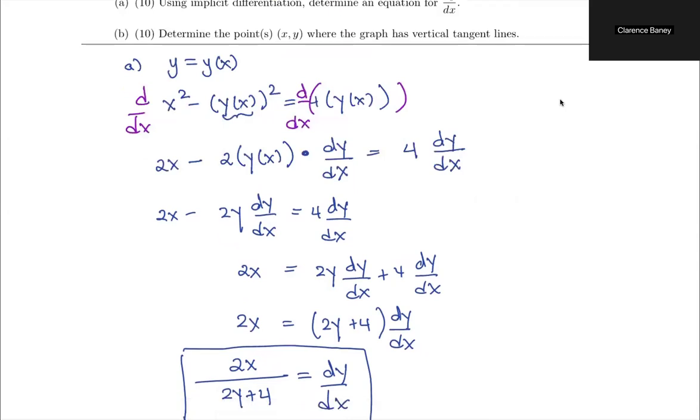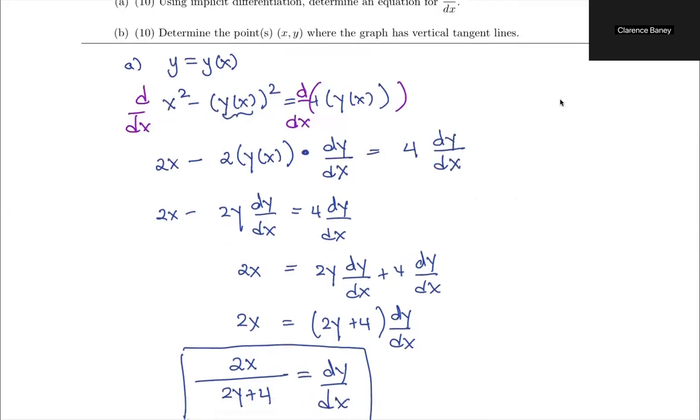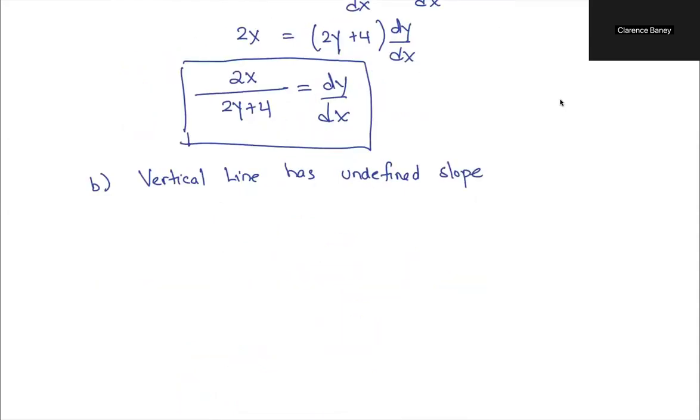And so when I say determine the points x, y where the graph has vertical tangent lines, I'm looking for where dy/dx is undefined. And so this is why I think this problem could have been bordering on unfair, is because we didn't really do much with this.